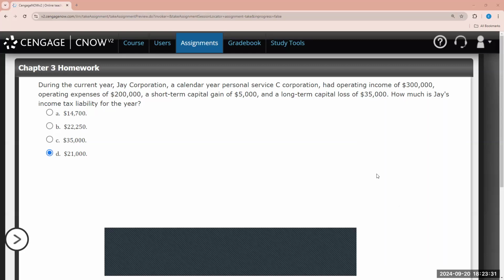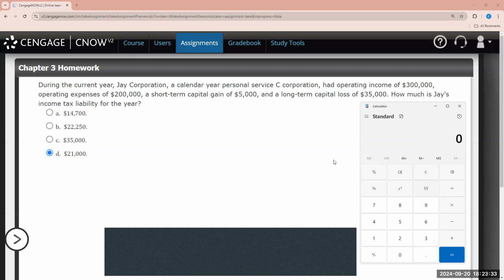So again, quickly, just so you see how the taxable income was calculated, it is the $300,000 of operating income minus the $200,000 of operating expenses. We add the short-term capital gain of $5,000. And as mentioned, even though there's a long-term capital loss of $35,000, for corporations, capital losses are deductible only to the extent of capital gain.